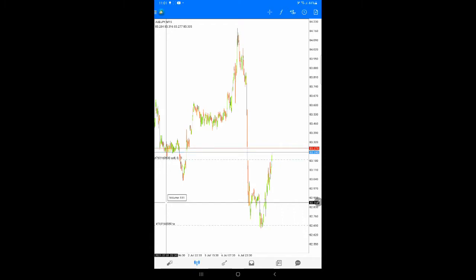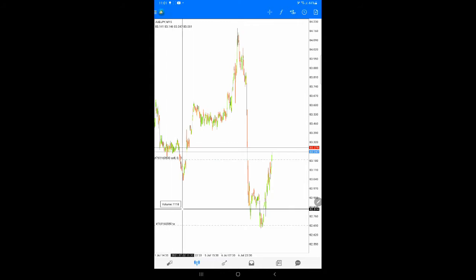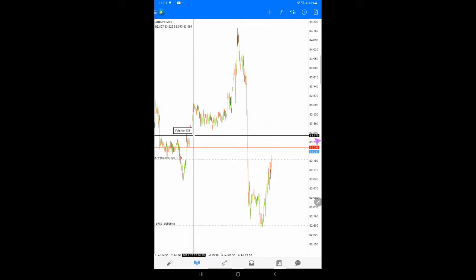So let's say the price is increasing. I will stop my loss at this price. I will tell you how to do that. 83.370. If price gets to this point, it will close me off on loss instead of me going on loss and then taking all my money.